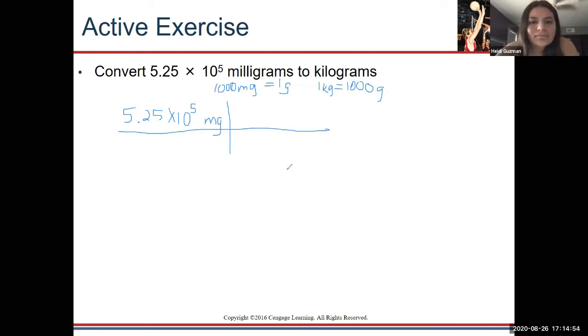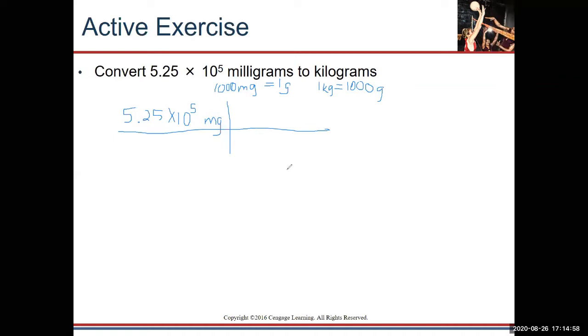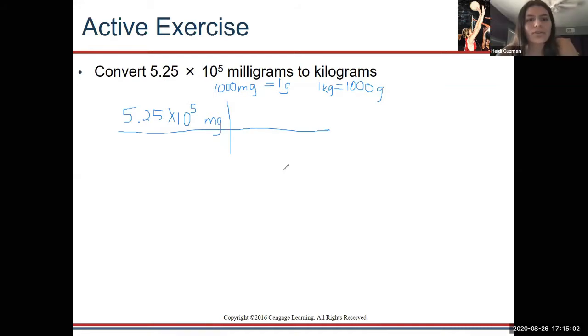Where am I going to put, multiply next. I only have 5.25 times 10 to the 5 milligrams. So what do I need to put in my table there? 1,000 goes on the bottom.